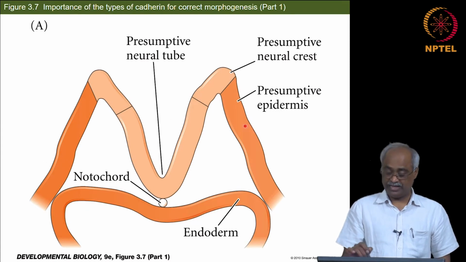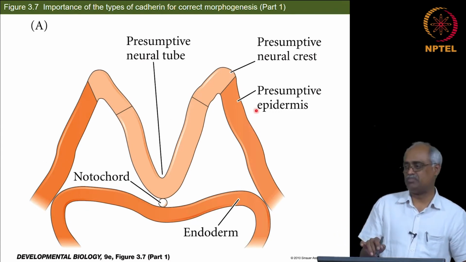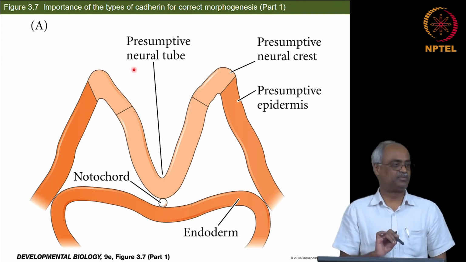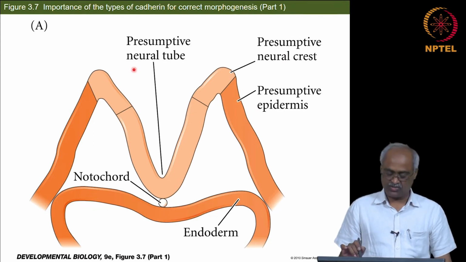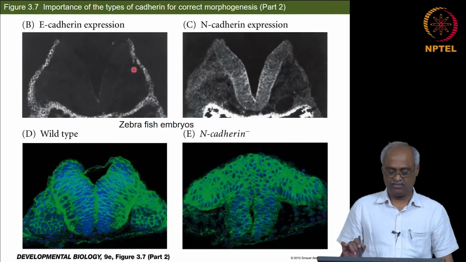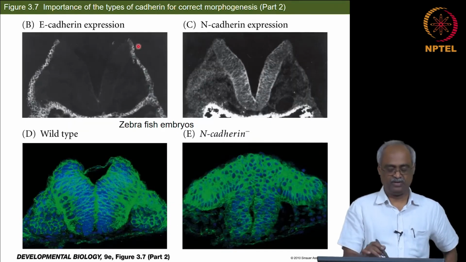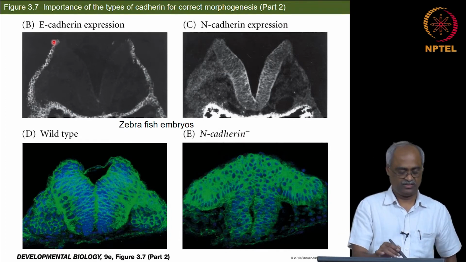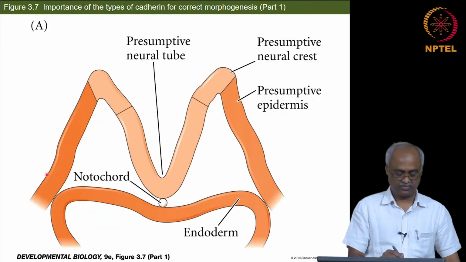Both will express E-cadherin because they are still embryonic structures, but this one beginning to express N-cadherin matters, and that is shown in the actual embryos here. This is a cross section of an embryo where E-cadherin is found on the epidermal cells. So, this is the same as this.